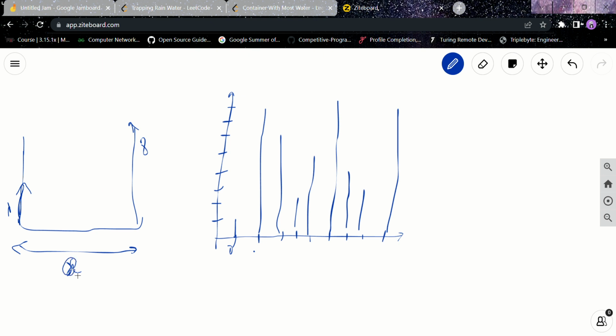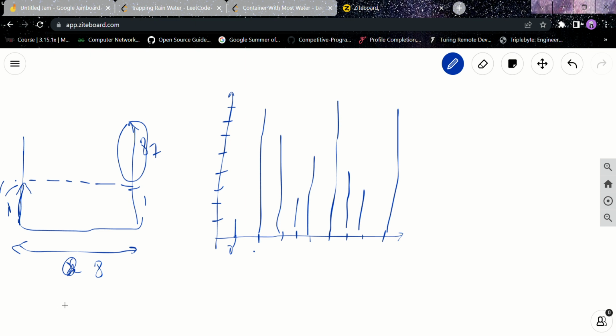Let's take x equals 8. What would be the maximum area of the container? It will not be 8 cross 8, it will be 1 cross 8, because if we fill the container with water or any liquid, it will fill up till here. After that it will overflow, so there is no use for the extra 7 units. We need just 1 unit here, so we need to maximize this one also.